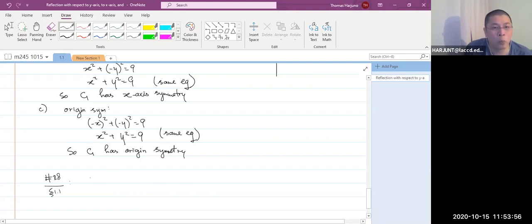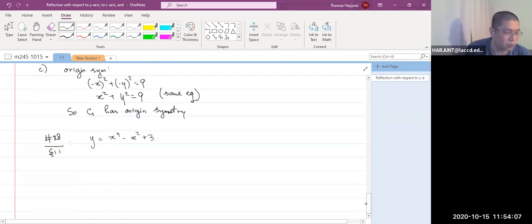We have y equals x to the 4th minus x squared plus 3. The question is, check for the symmetry with respect to both axes and the origin. Let's check x-axis symmetry.